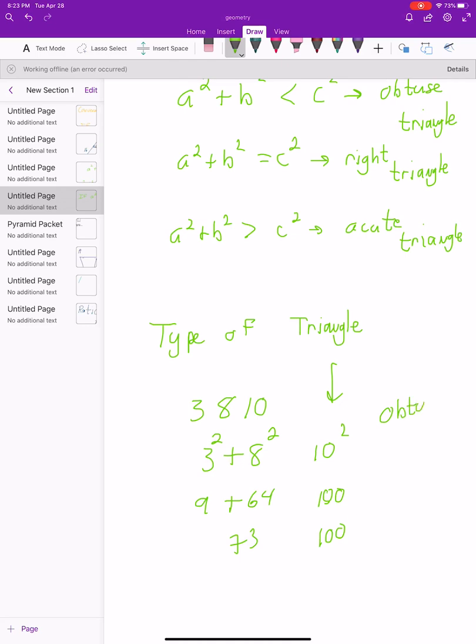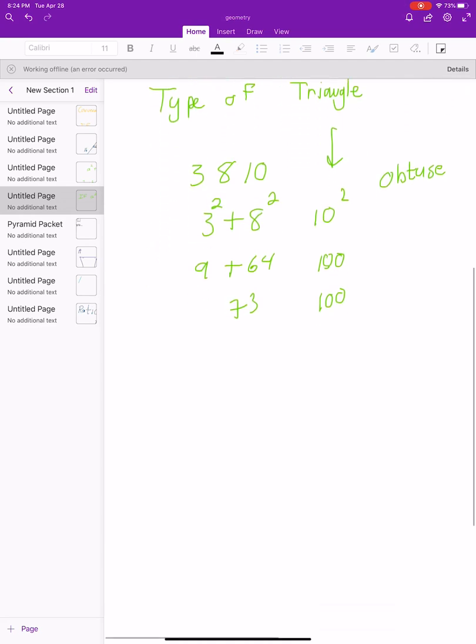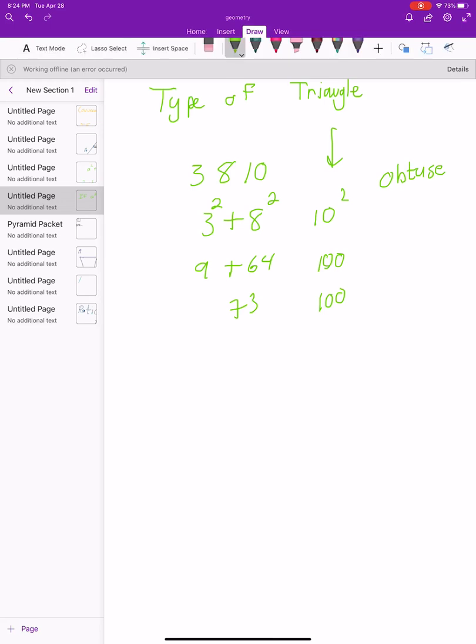The c squared is bigger, so it's obtuse. We know that automatically. All right, a squared plus b squared is less, the c squared is larger. That's an obtuse triangle. Let's scoot on up here. Let's try a different one. So let's go with a 5, 6, and 8. Let's try this one. 5, 6, and 8. So we get 25.